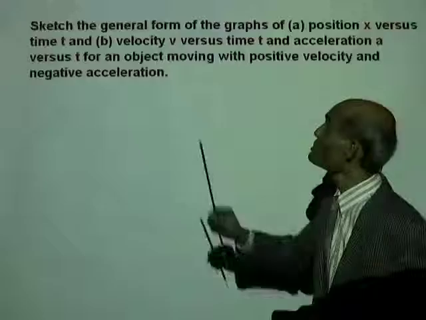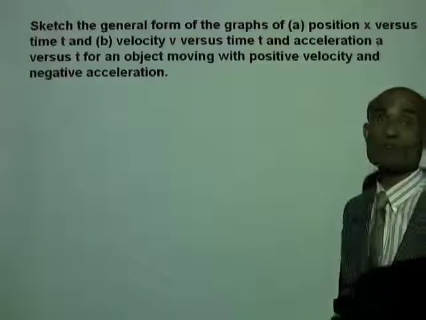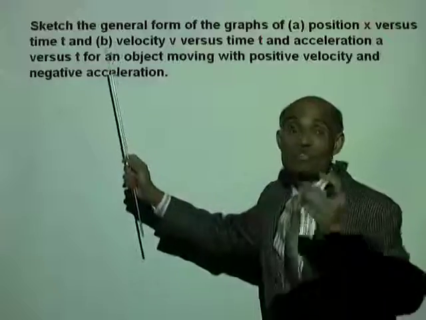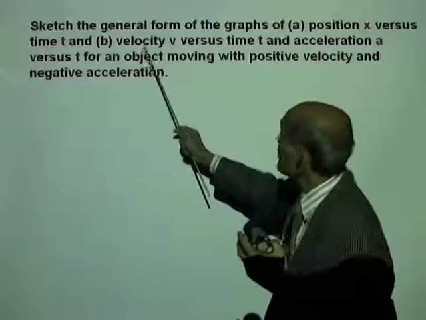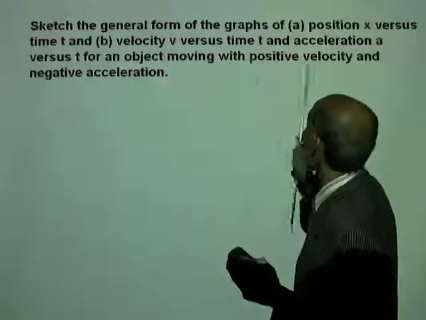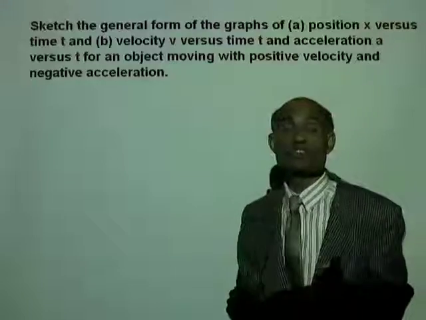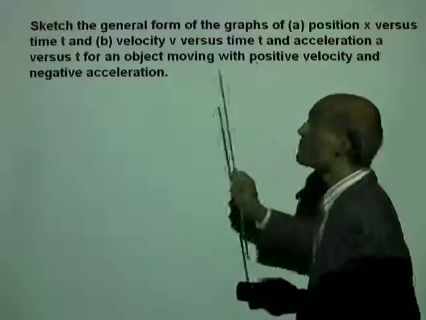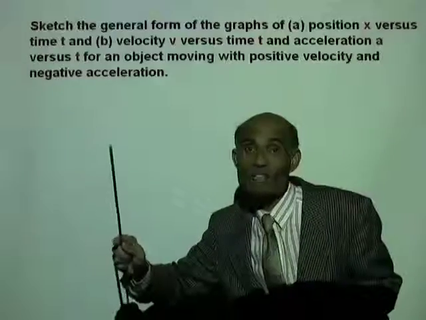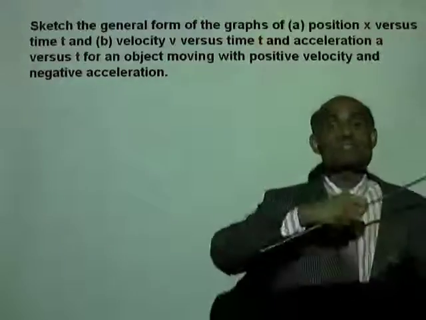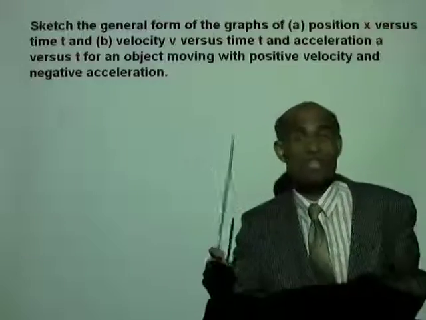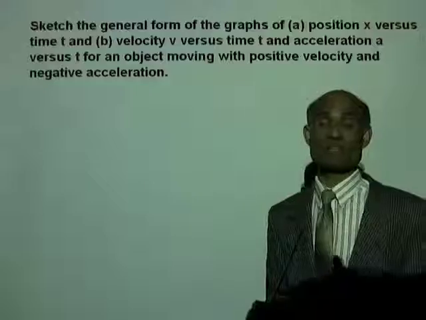Alright, sketch the general form of the graphs of position x versus time t. You need to sketch the position graph, sketch the velocity versus time graph, and acceleration against time of an object moving with positive velocity and negative acceleration. Alright, positive velocity and negative acceleration.